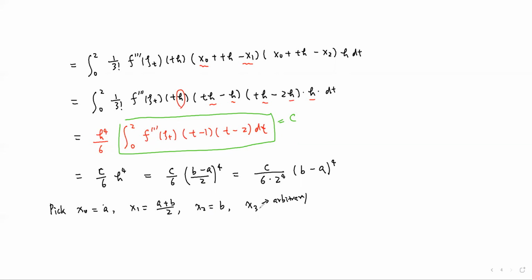Temporarily, x3 is an arbitrary point between a and b.